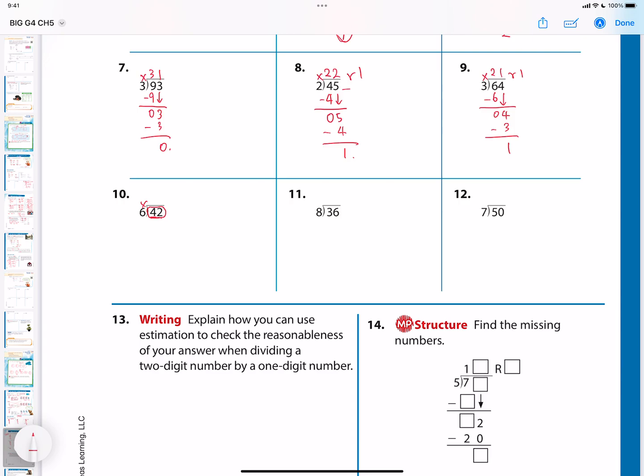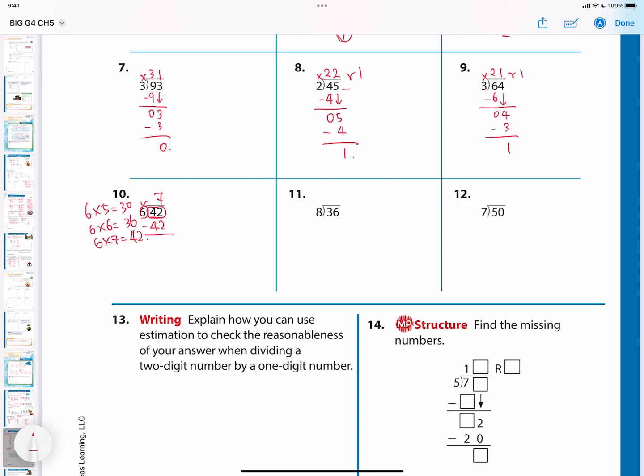So let's start with 6 times 5. You can always write down multiples of the divisor. 6 times 5 is 30. 6 times 6 is 36. Now 6 times 7 is what? Yes, 42. Oh, lucky.